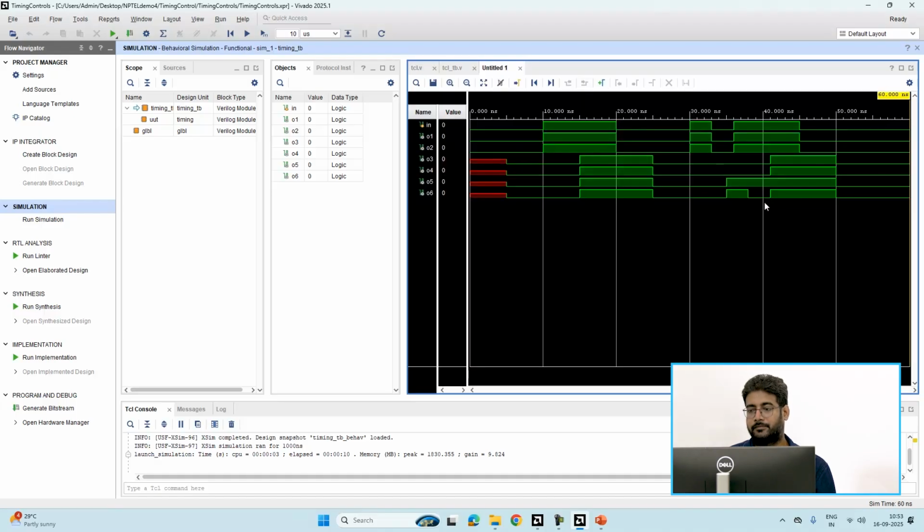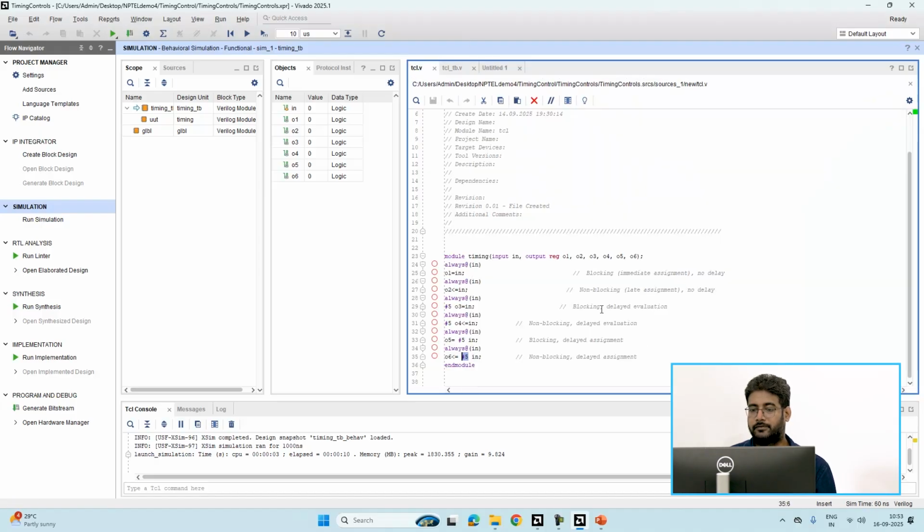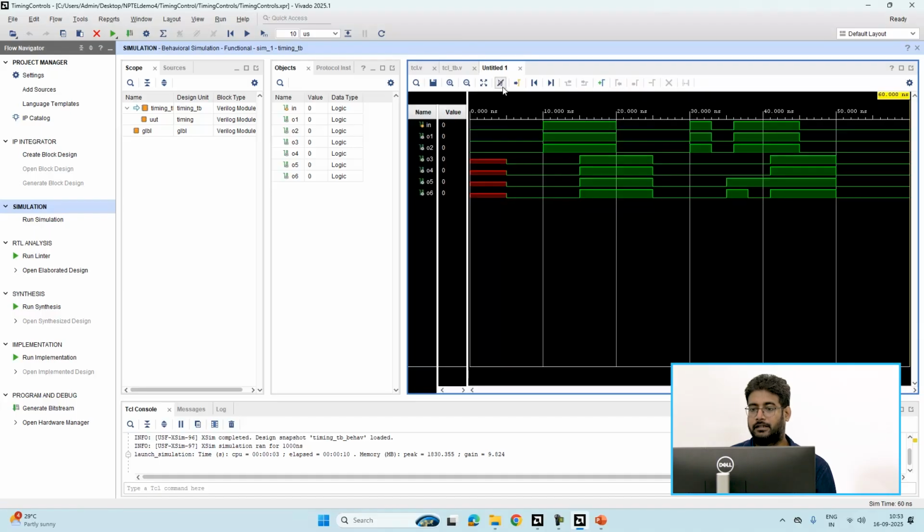So the glitch is also obtained in the output. And of course, there is a late assignment with some delay. So there is a delay of 5 everywhere. It is shifted by 5. 30, 35. It is 10, it is 15. So this was example 1.